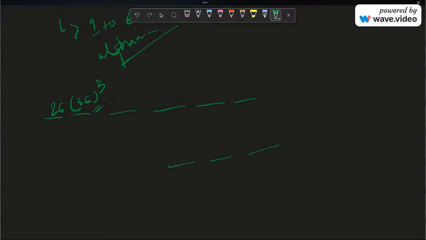So total 5-digit numbers: we have 9 options, then 10 options, 10, 10, 10. 9 into 10 to the power 4 is the total number, and without repetition it is 9 times 10 factorial upon 10 minus 4 factorial, that is 9 times 9, 8, 7, 6.